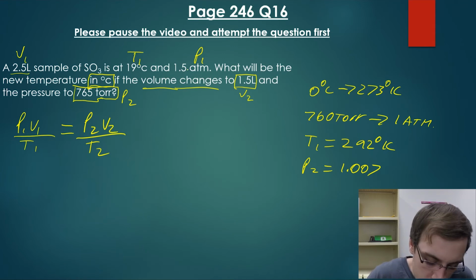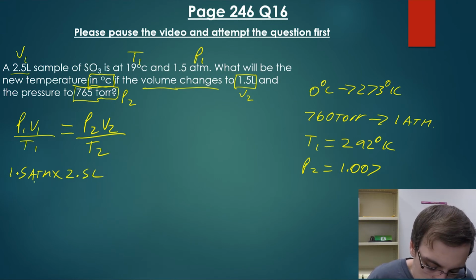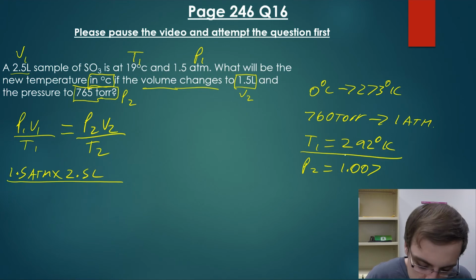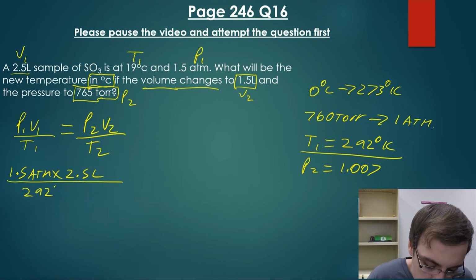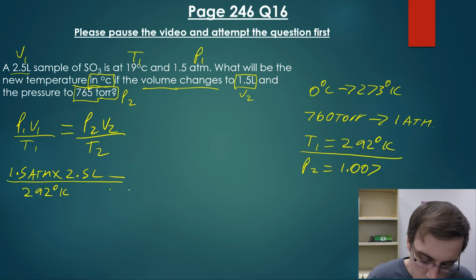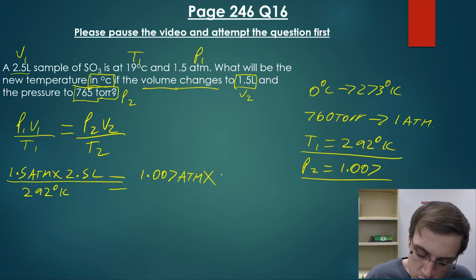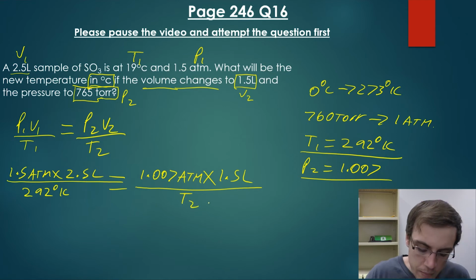So P1 is 1.5 atmospheres times V1, which is 2.5, divided by T1, which is 292 degrees Kelvin, is equal to P2, which is 1.007 atmospheres times V2, which is 1.5 liters, divided by T2, which we don't know.